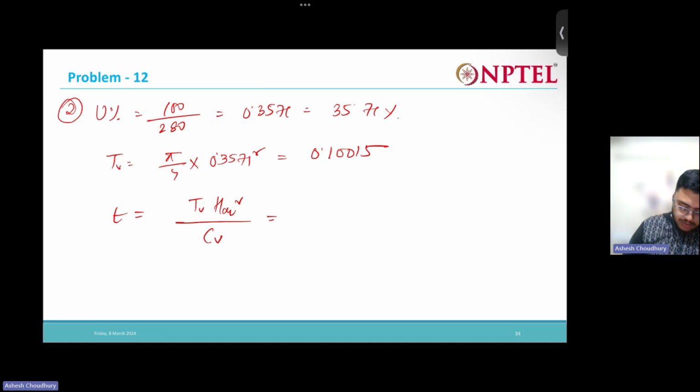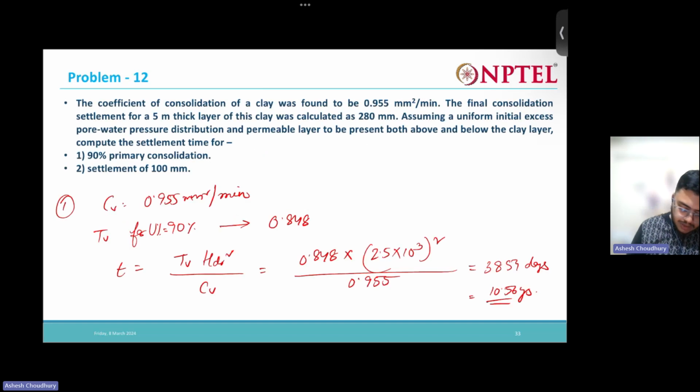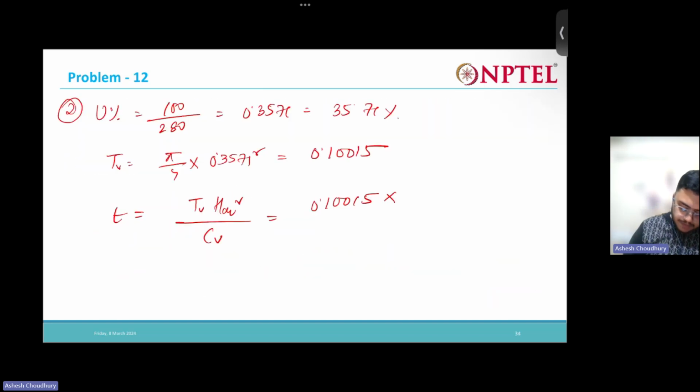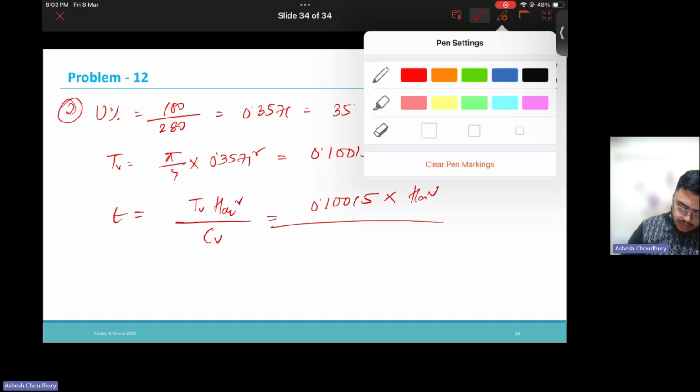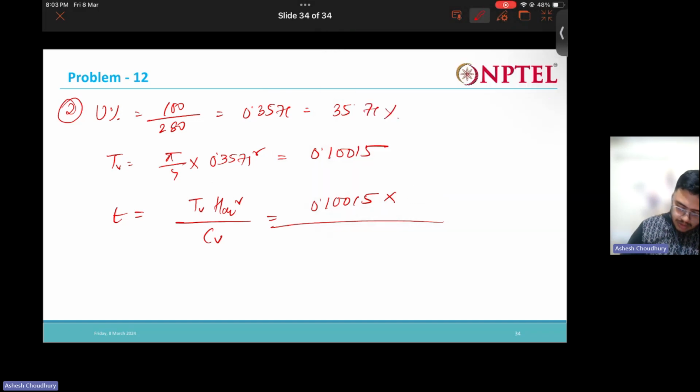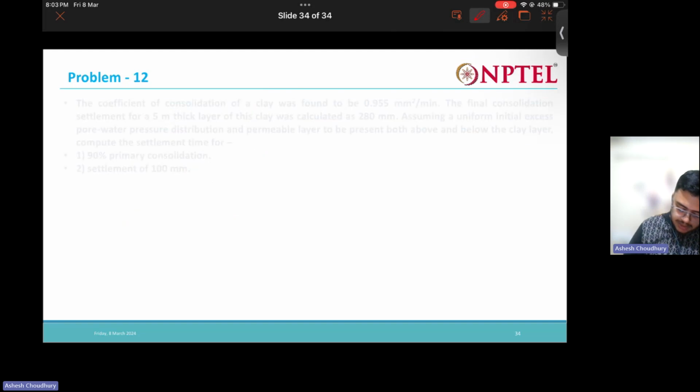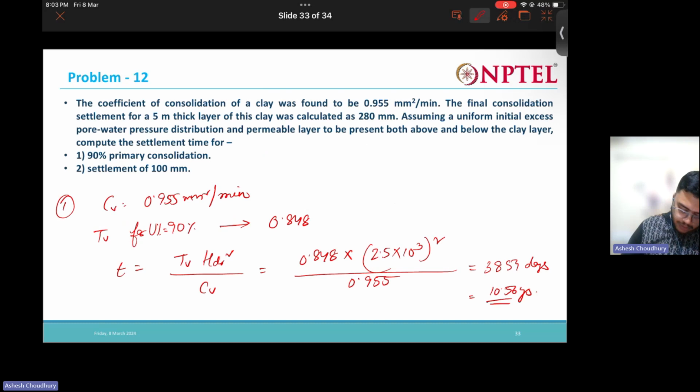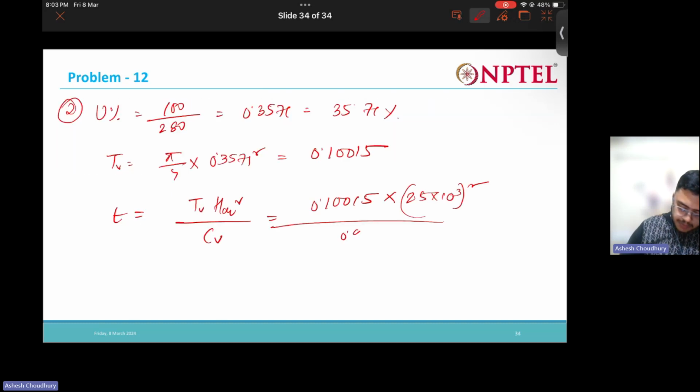So you put all the values: 0.10015 into HDR square, what is the drainage, double drainage. CV also you found out, CV is given 0.955, and it will come out as 1.25 years.